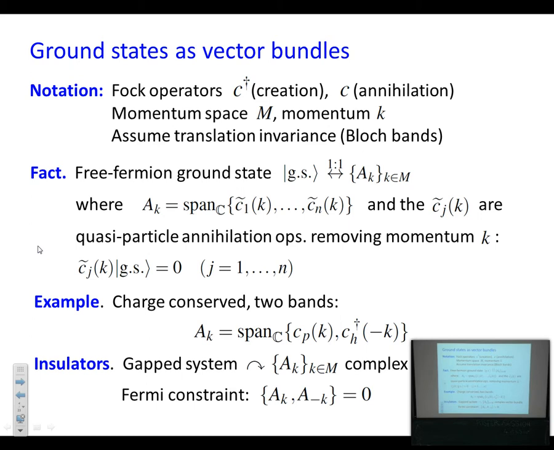In other words, there's a one-to-one correspondence between the ground states of the physics of interest and collections of vector spaces A sub k. k runs through the momentum space, and each vector space is a space of linear combinations of the generalized annihilation operators.